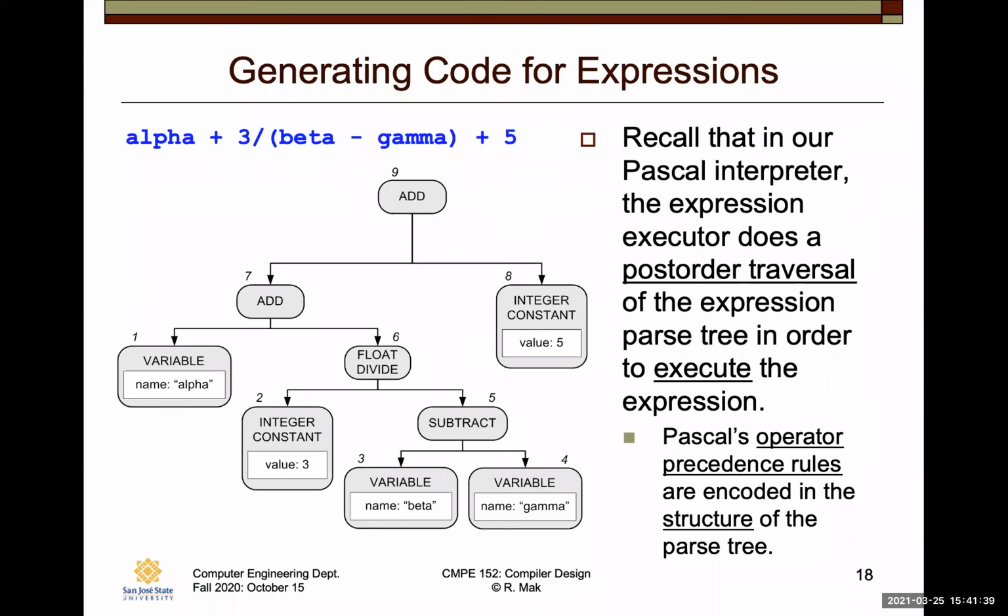Okay, so let's take a look at this. Here's a tree, and I'm showing a post-order walk of the tree. Each of these little numbers tells you what order we're going to be visiting the nodes. So first we visit this one, then this one, then this one, then 4, then 5, then 6, and 7, and so forth. This is a post-order walk of the tree.